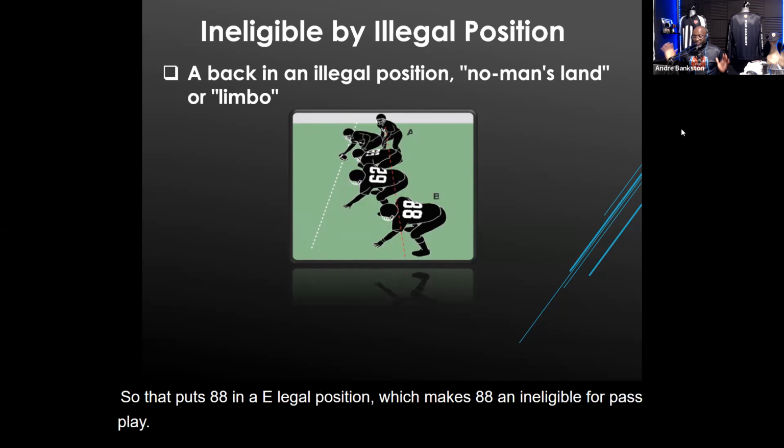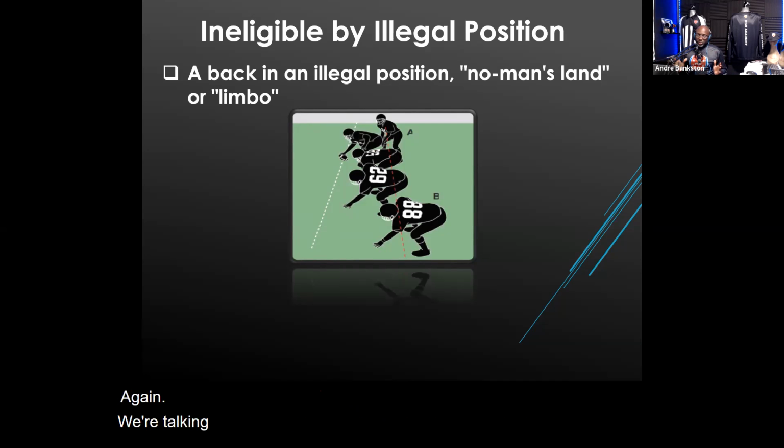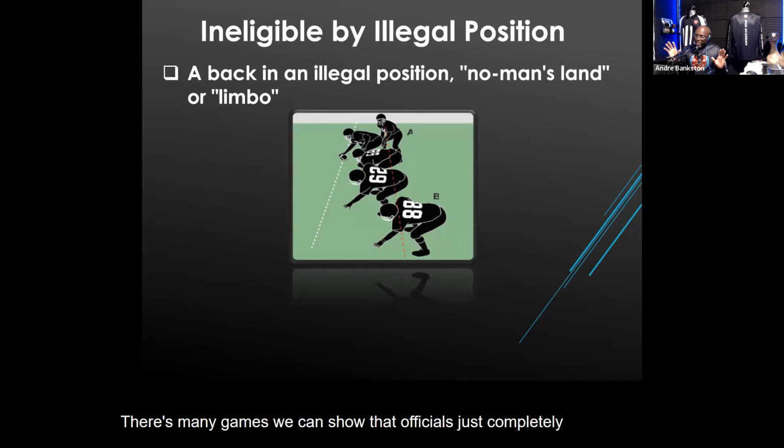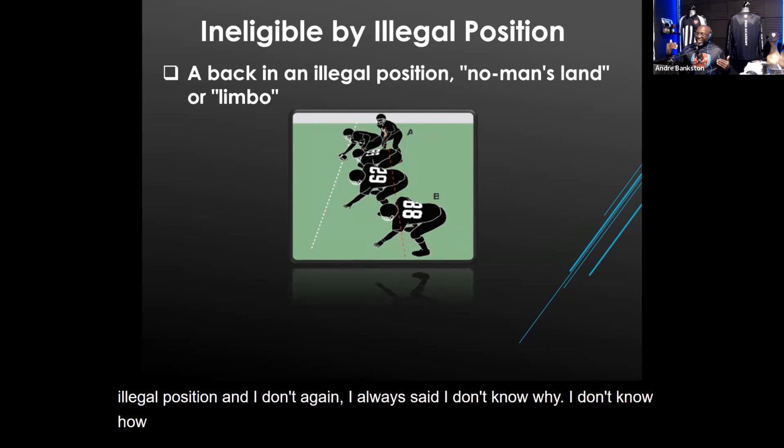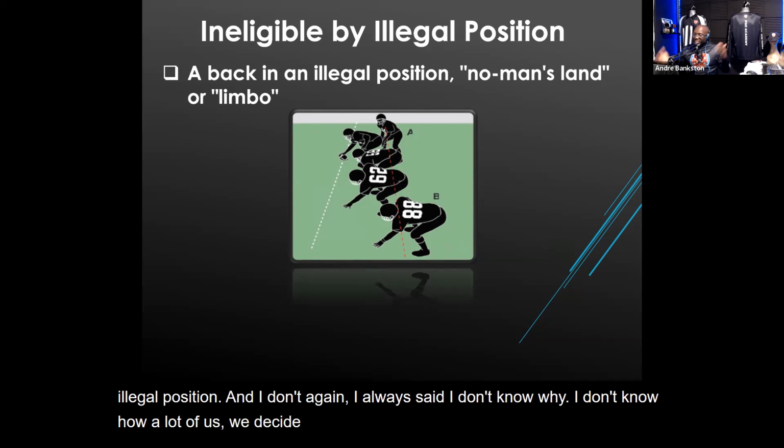Now, again, we're talking rules. There are many games we can show where officials just completely ignored the illegal position. And I always say, I don't know why. I don't know how a lot of us decide what's important, what's not important. Should we call it? Should we not call it?